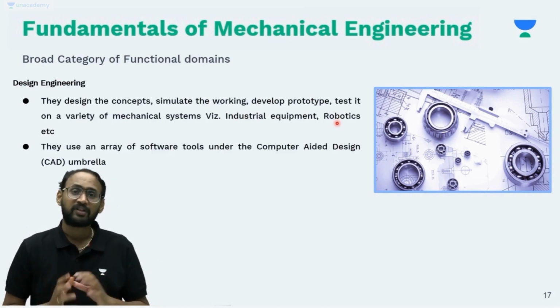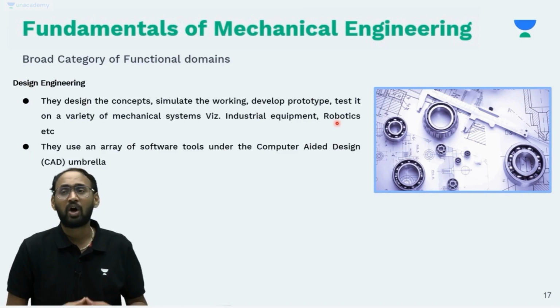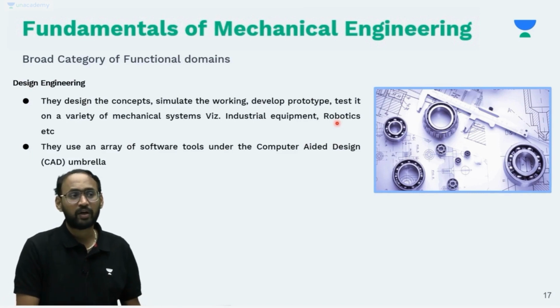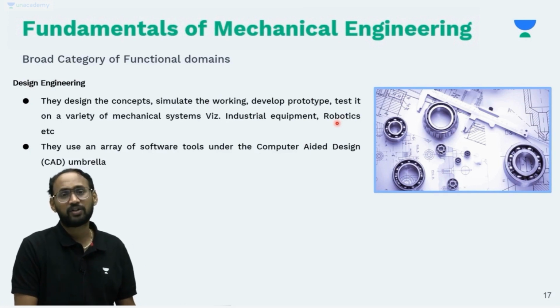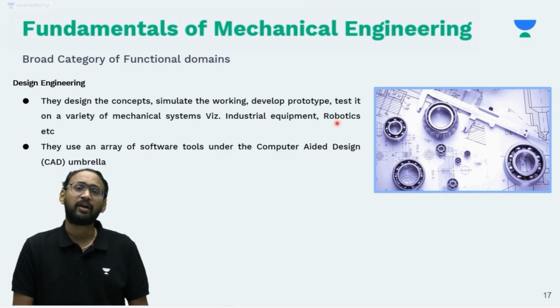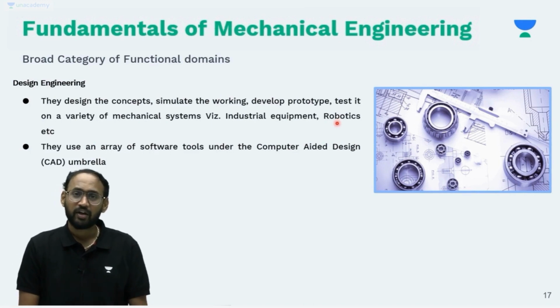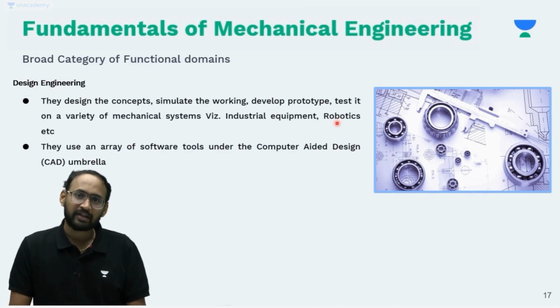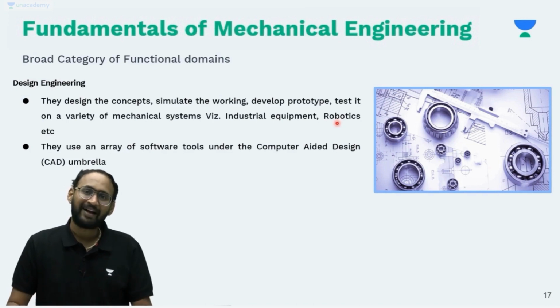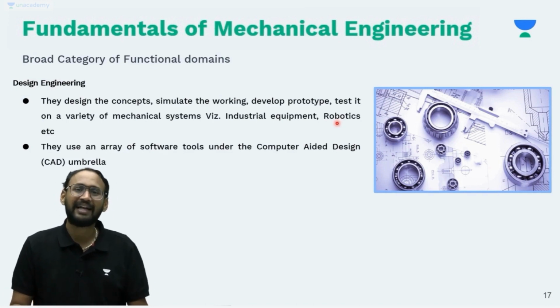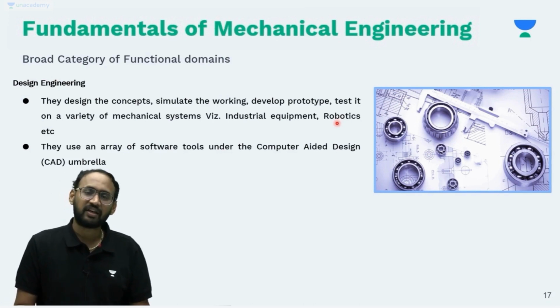Say for example you are working on an internal combustion engine where the objective is to improve the efficiency by 2%, just an example. You can have multiple solutions to it. You simulate your solution and see if you are achieving that delta of efficiency you intend to achieve.